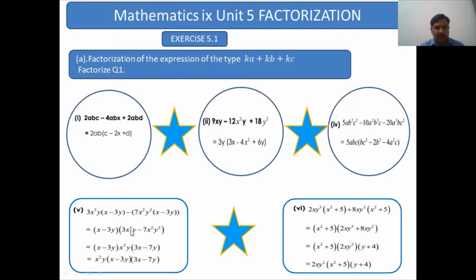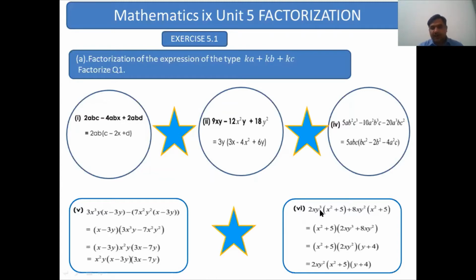In these two terms we can take common x square y. So taking x square and y common in this expression, we can write this as 3x minus 7y. So just rearranging, we have x square y within bracket x minus 3y, and again within bracket 3x minus 7y.